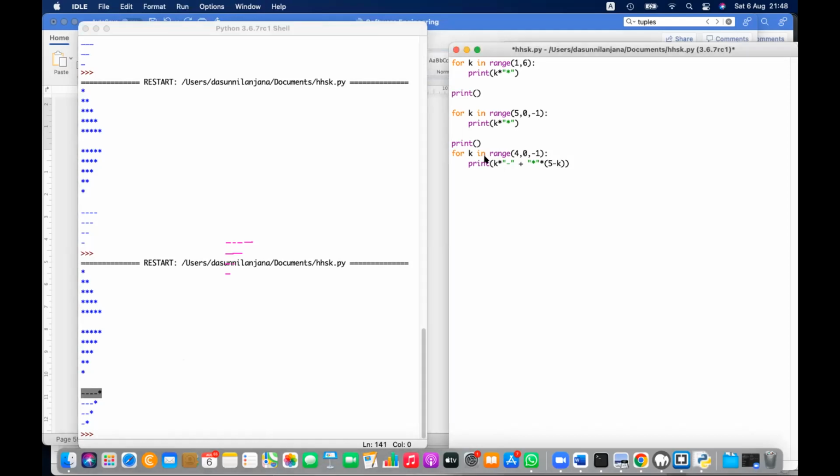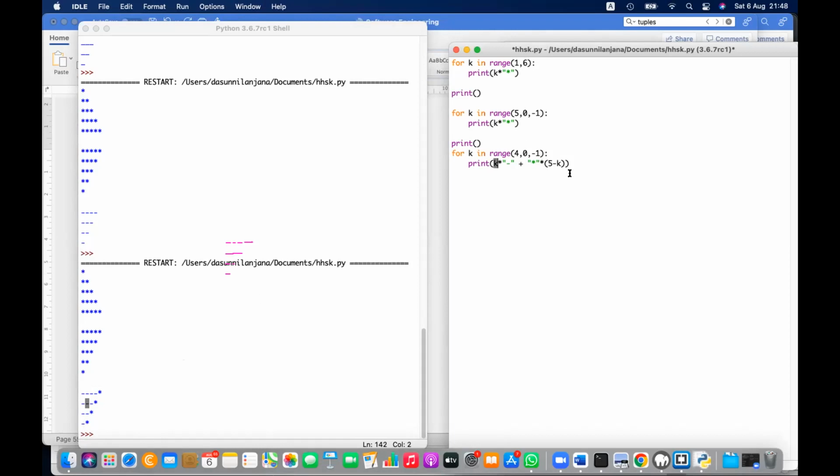For the second line, the value of k will be 3 dashes, and 5 minus 3 will be 2 asterisks. Value of k is 2 now, 2 dashes, and 5 minus 2 will be 3 asterisks. Value of k will be 1 dash, and 5 minus 1 is 4 asterisks.